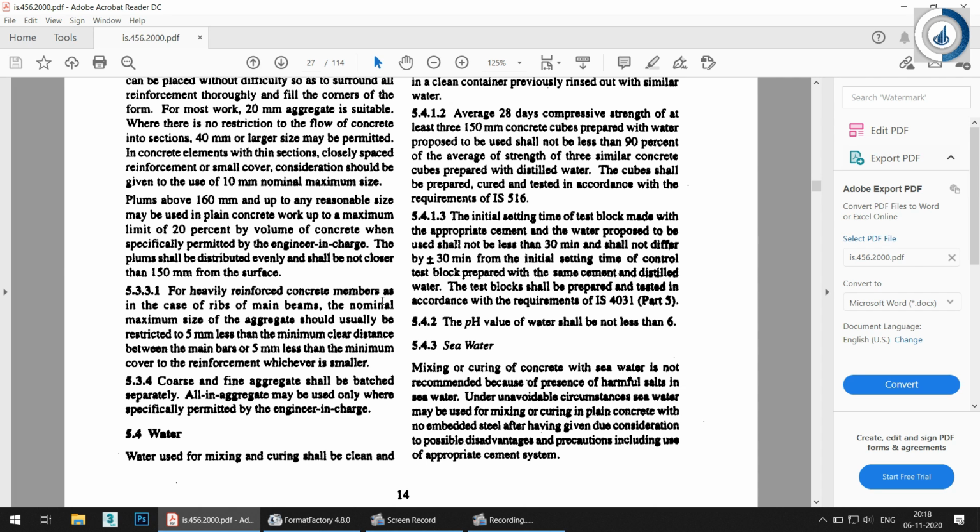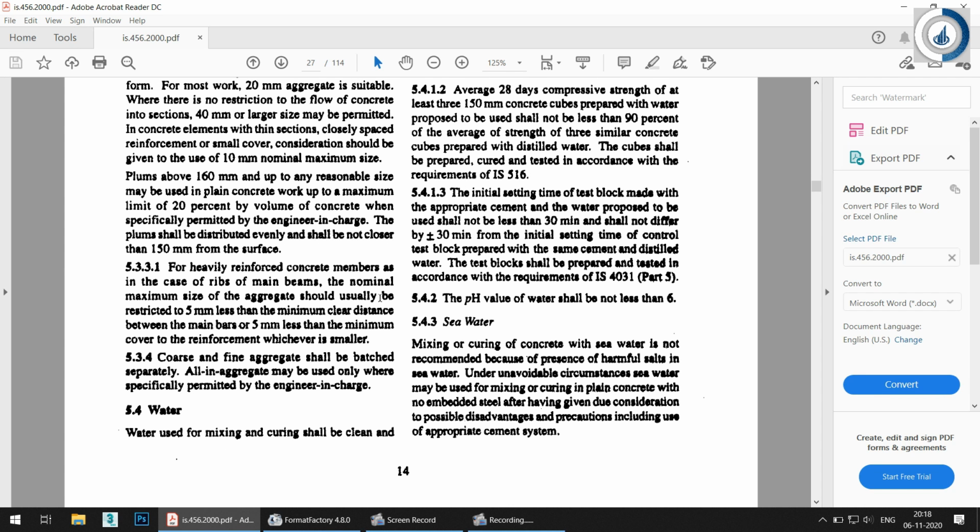But if the condition is unavoidable and you want to use seawater, then the mixing or curing is allowed in plain concrete with no embedded steel, after giving due consideration to possible disadvantages and precautions, including use of an appropriate cement system. So the first thing it says is it should not be used for RCC, and even if you want to use it, the concrete should not have steel bars. So it means you can use it for normal concrete.